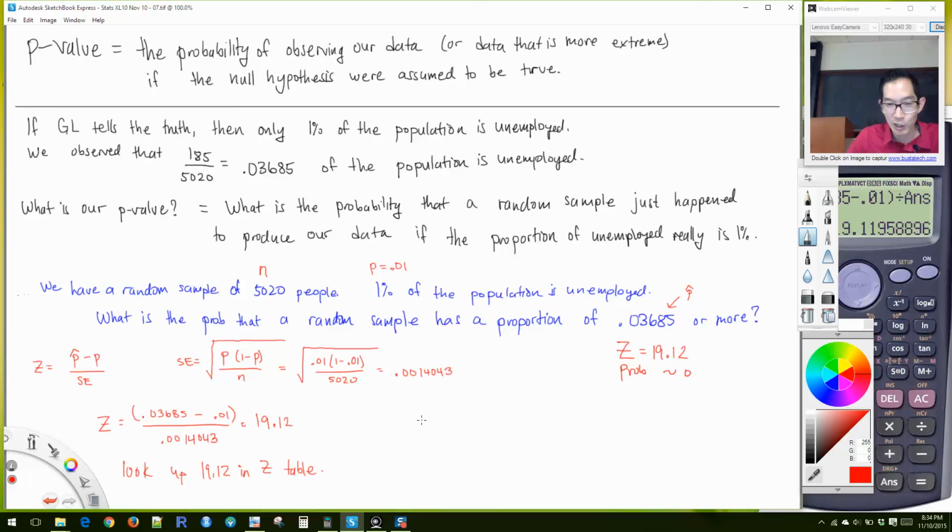If we found the z, we would take that number and do 1 minus the probability to get our answer. But we didn't find it, because we can't find 19.12 in the z table. It's too extreme.